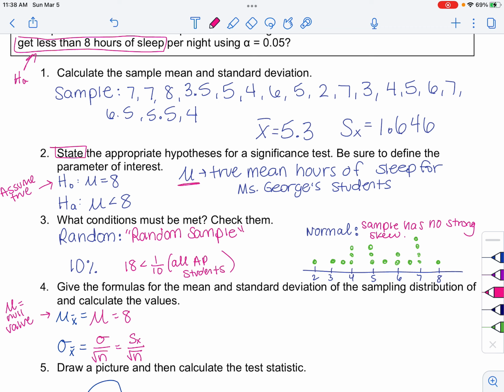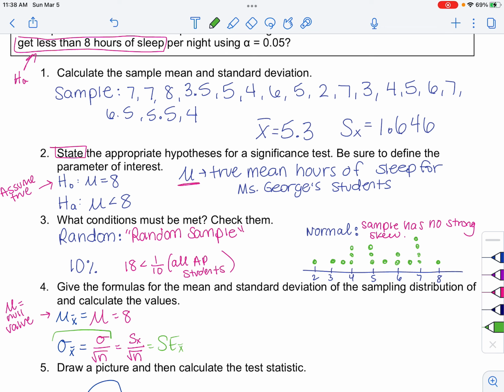Technically, that would be called our standard error rather than the standard deviation. So that's what we're using for hypothesis testing. This first part, I'll make a note, was from sampling distributions. But now, because we're in hypothesis testing, this is technically SE sub x bar.